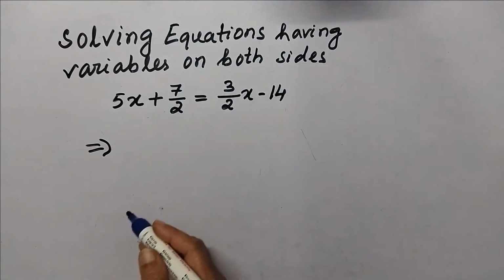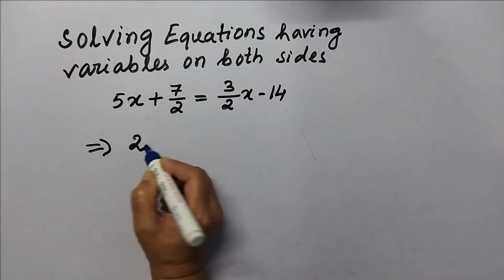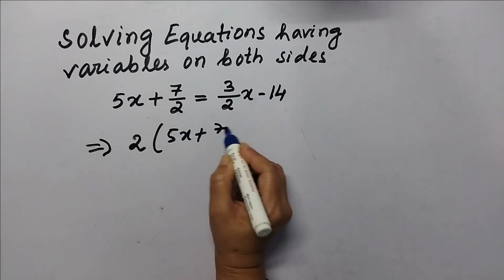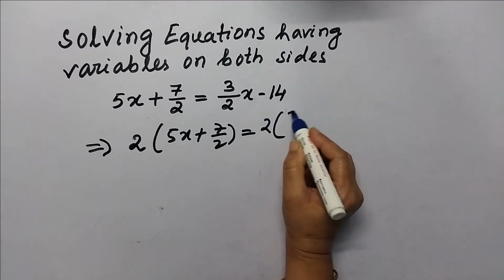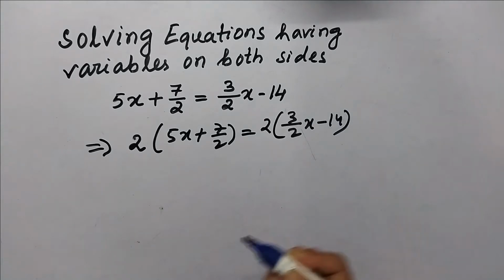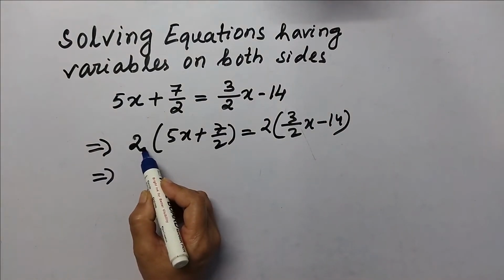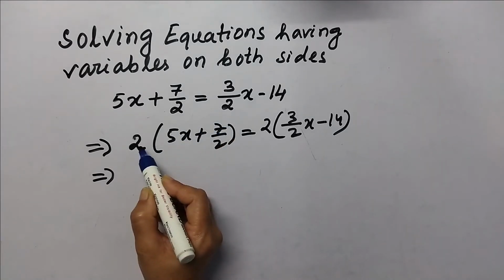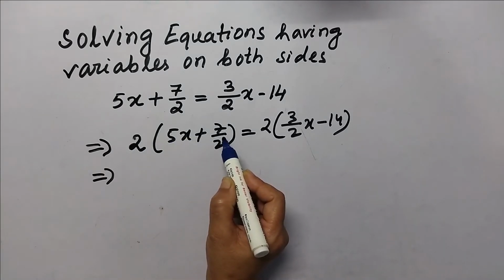And why are we multiplying on both sides? To reduce this 2. So multiplying by 2, we get 2 into (5x plus 7 by 2), that is equal to 2 into (3 by 2 x minus 14). Next step: since 2 is outside the bracket, we have to multiply this 2 with both terms inside the bracket.